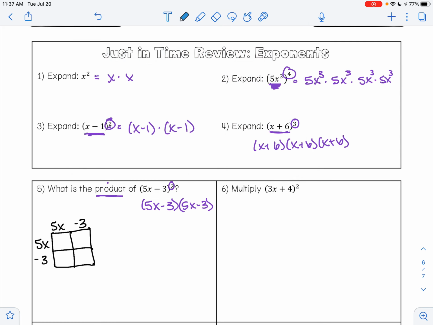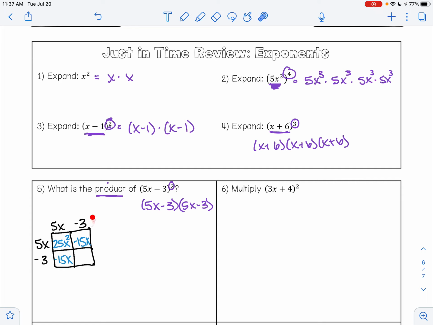From here, I can multiply each box together. 5x times 5x is 25x squared. 5x times negative 3 is negative 15x. Negative 3 times 5x is negative 15x.